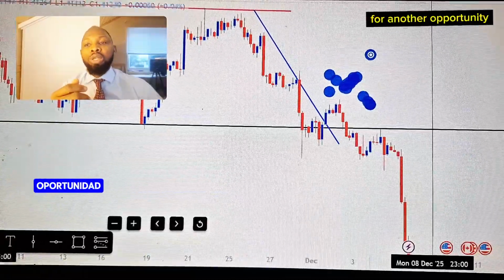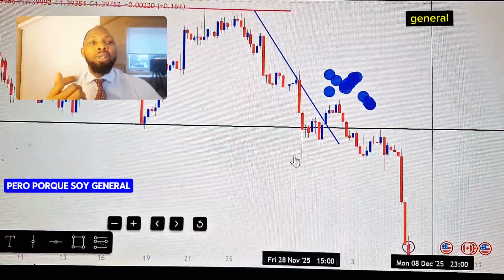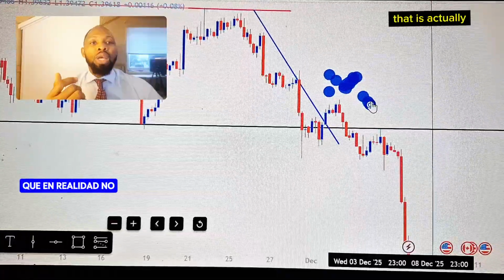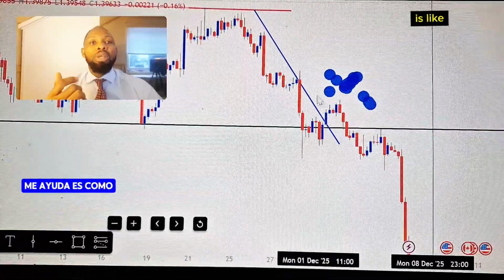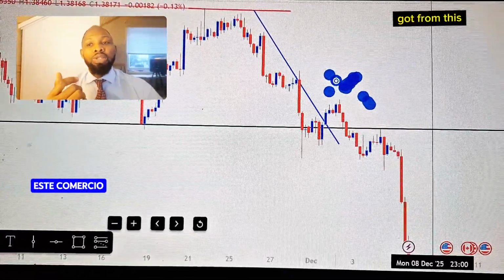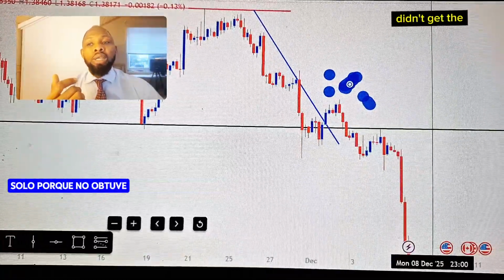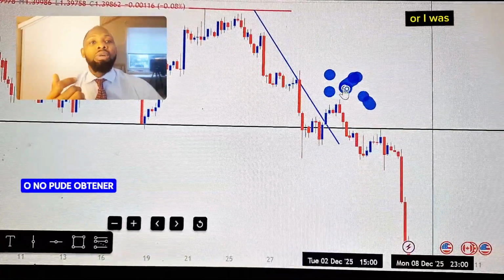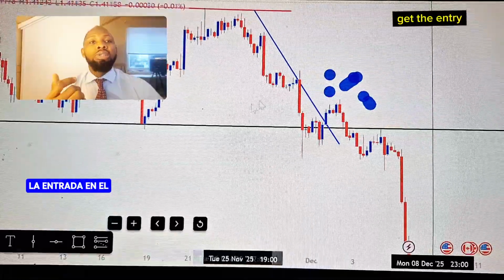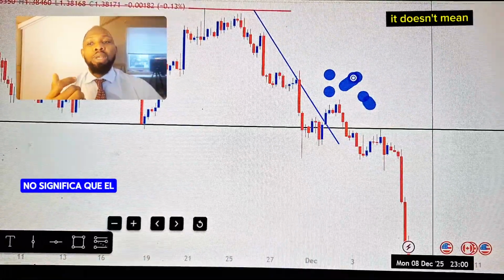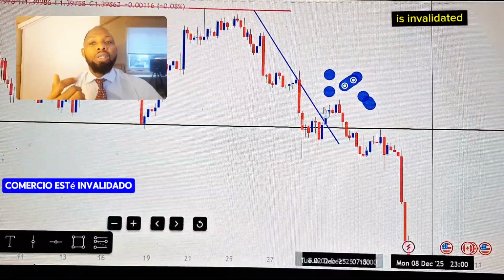Then look for another opportunity. But because I'm journaling, I noticed something I've been doing that is not helping me. Imagine you get out of a potential trade just because you didn't get the entry at the right moment. It doesn't mean the trade is invalidated.